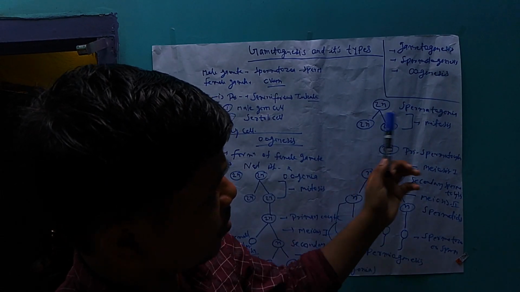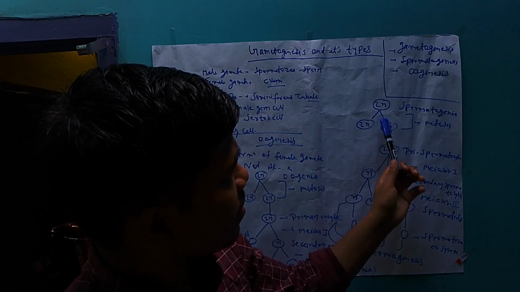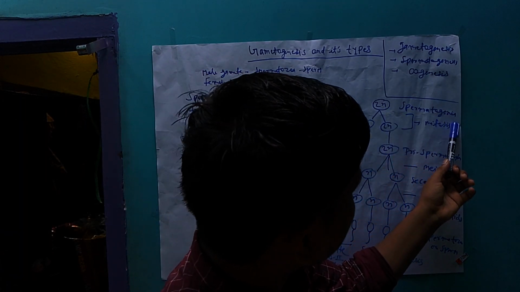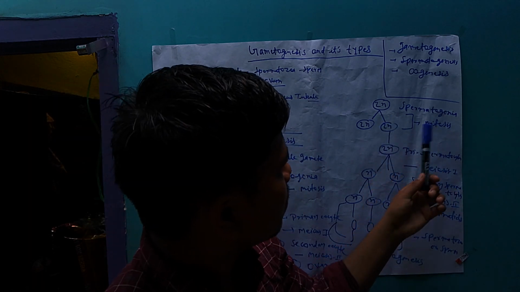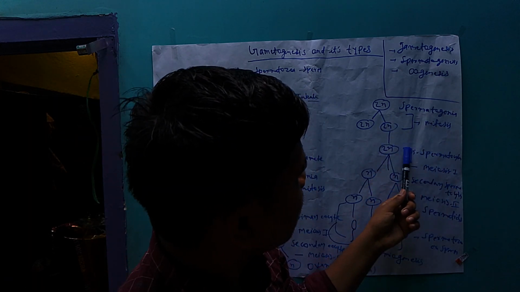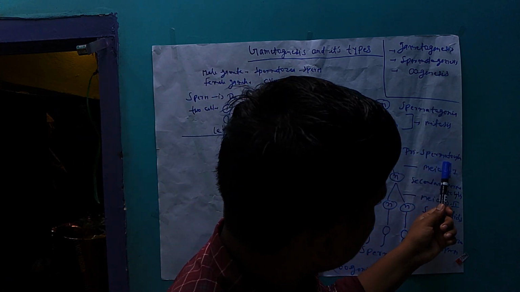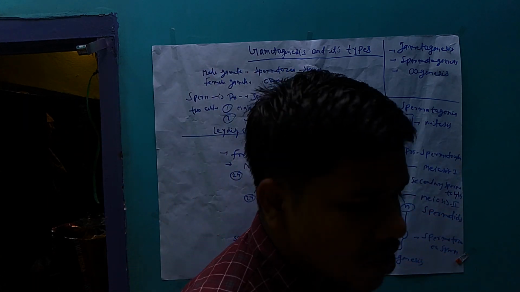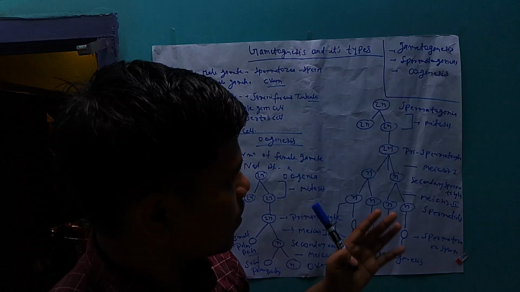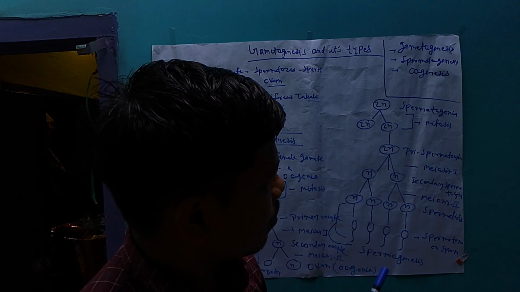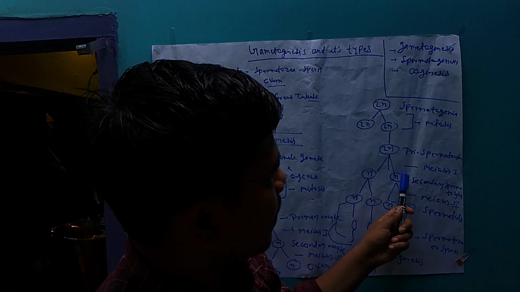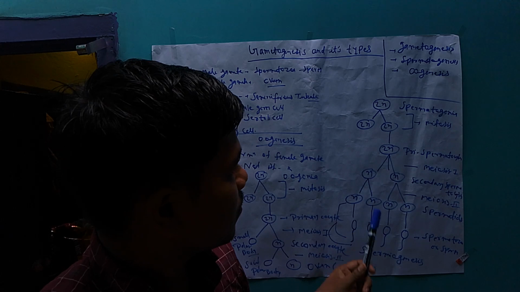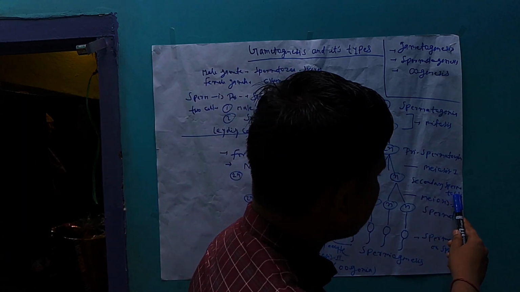Now we will draw the structure of spermatogenesis. The spermatogonia undergo mitosis. First the primary spermatocyte is formed. The primary spermatocyte undergoes division by meiosis first. Then we get the secondary spermatocytes.